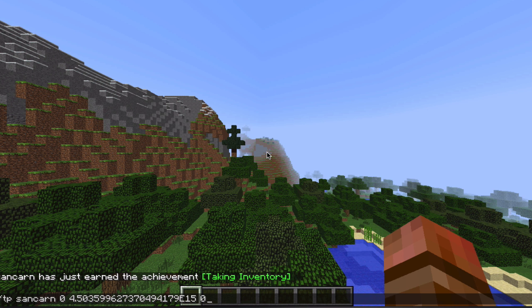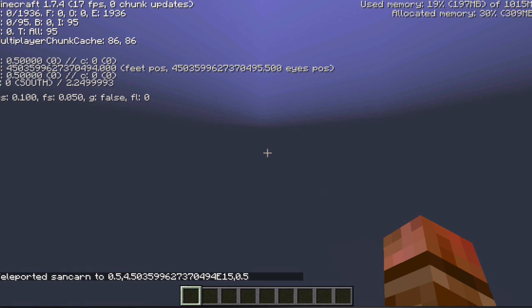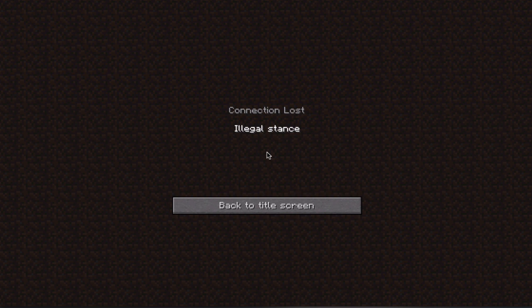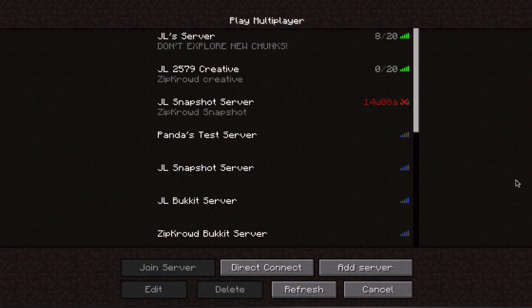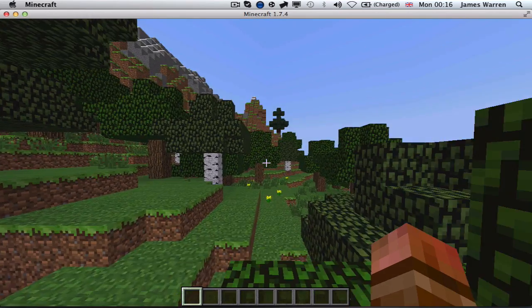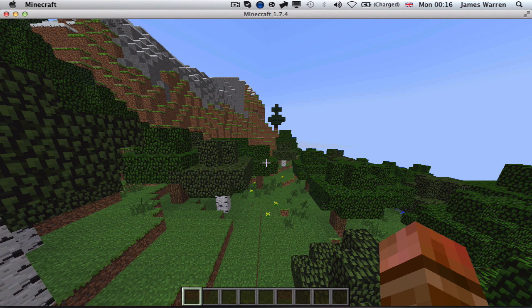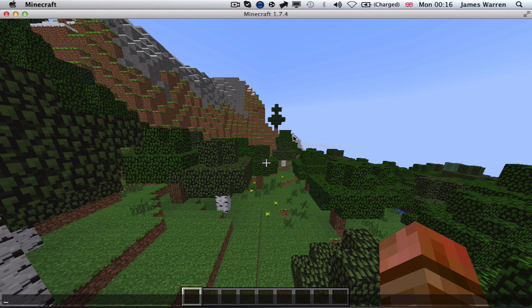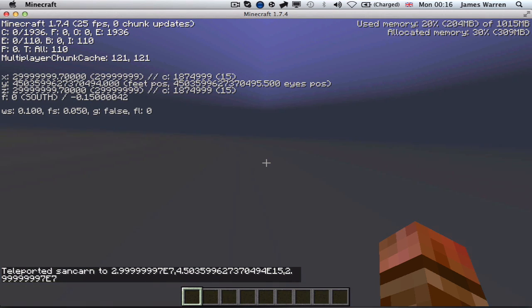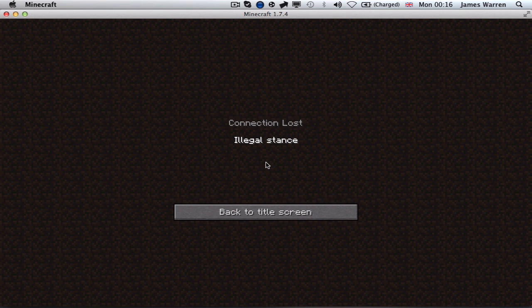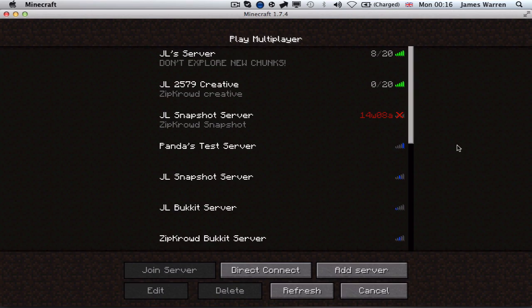Beyond this level, Minecraft gives an error, invalid state, and quits your single-player world, leaving you in the multiplayer selection screen. This same limit exists at x and z equal to 29,999,999.7 and beyond. Therefore, we can say that this is a flat roof limit of the world.